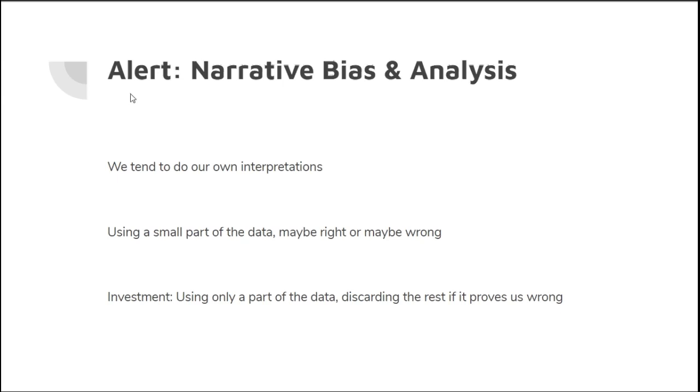So this bias consists in using a small part of the data that fits right into my thinking, but maybe this data is right, but most of the times will be wrong. If we extrapolate this to investments, we are going to use only a part of the data, and I'm going to discard the rest that proves me wrong.